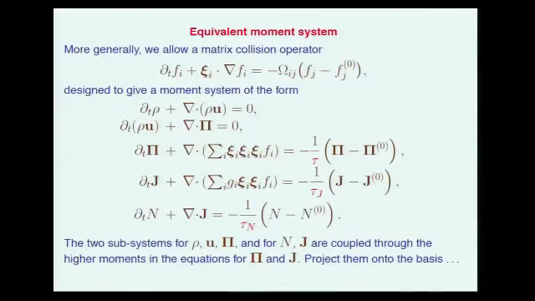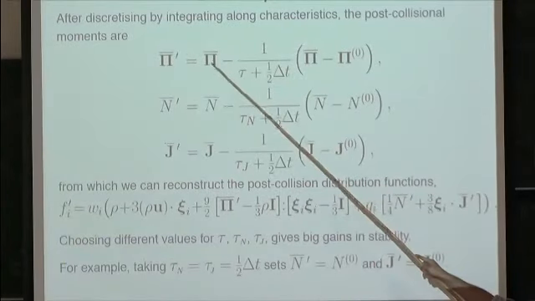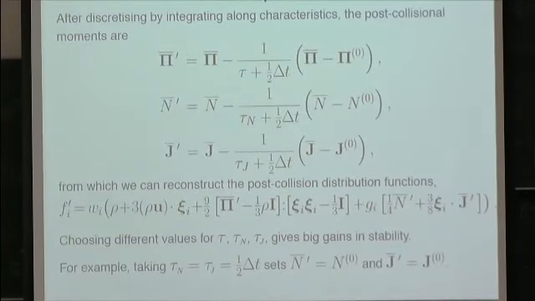And now this is still a PDE system. I have to do the same integration along characteristics trick to make it discrete, and then I get the half delta t's appearing down there, and these things have got bars on to indicate that they're moments of the bar distribution functions. So what I would do is do my collisions in the moments, so I'm relaxing momentum flux, n and j towards their equilibrium values.